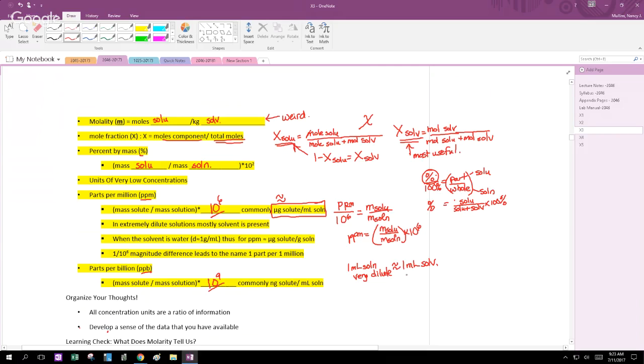Because if it's extremely dilute, it means you don't have very much solute. So that 1 milliliter is mostly solvent. And if we're talking about aqueous solution, there's 1 gram per milliliter. So we're approximately talking about 1 gram of water.